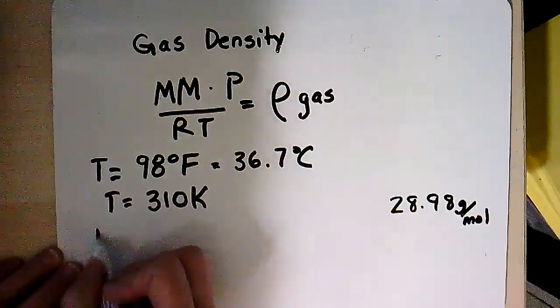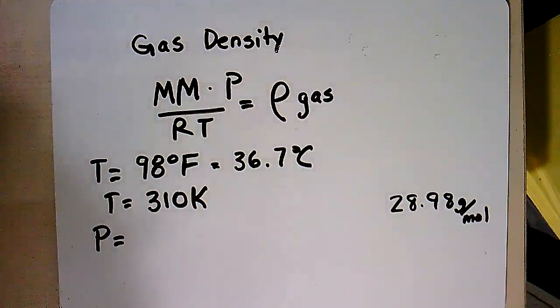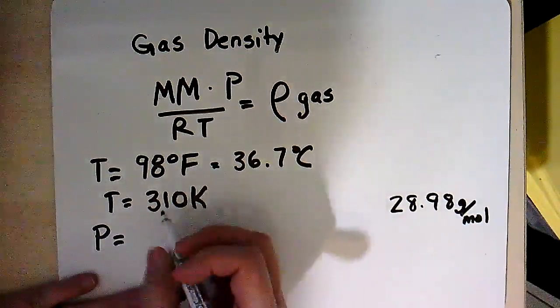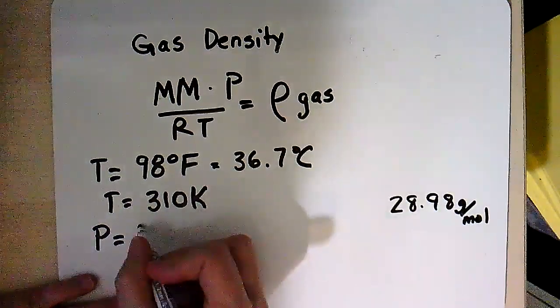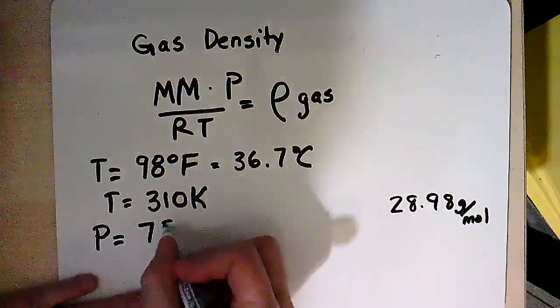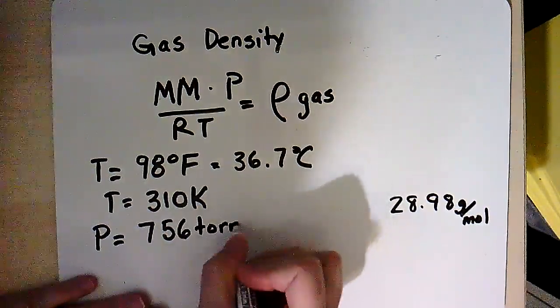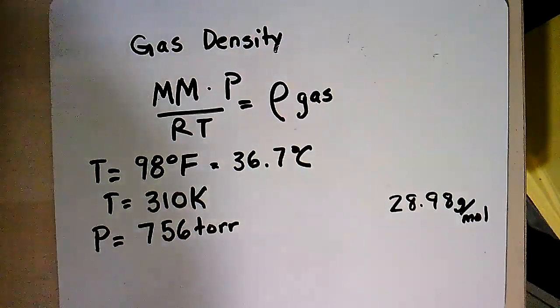For pressure, let's do this for a pressure that is slightly lower than 1 atmosphere. So we will give you that data as 756 torr. But now you're going to have to convert that to atmospheres.